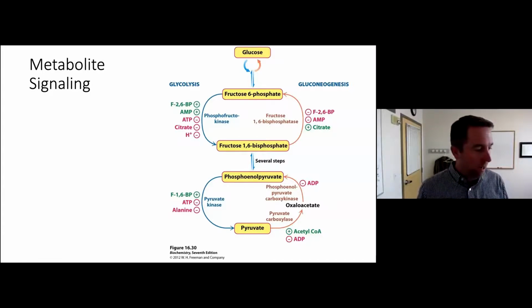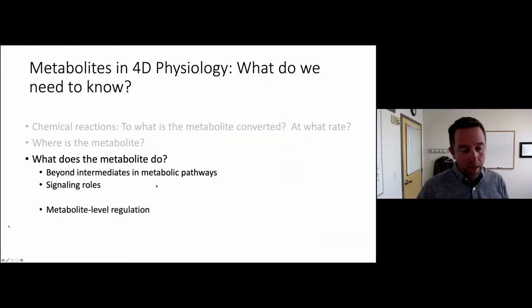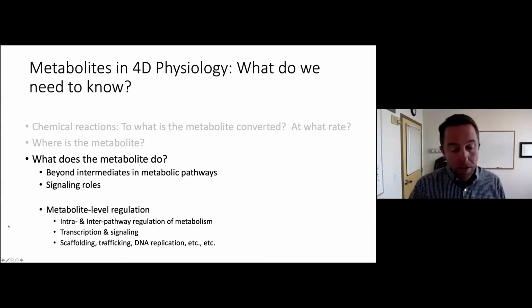All cellular processes, in my opinion, are subject to metabolite level regulation, most likely, including metabolism, like I talked about, also transcription and signaling, which we know many examples of, and I think there are many more, and also aspects of cell biology that we don't typically think of as being metabolically regulated. I think many of these, or all of these, are going to be responsive to metabolism and metabolic signaling in some way or another.